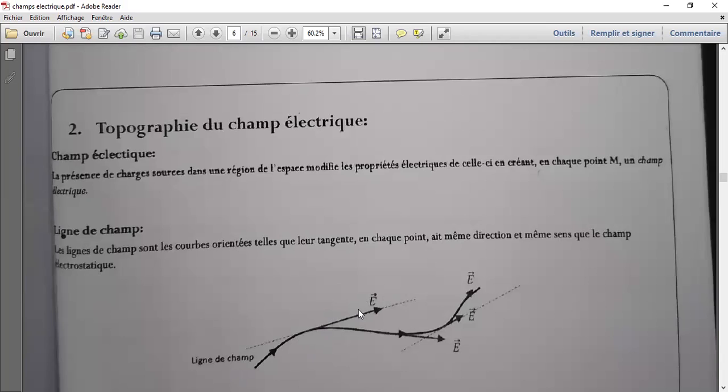So they're saying that where the tangent is drawn is in the same direction as the champ électrique.